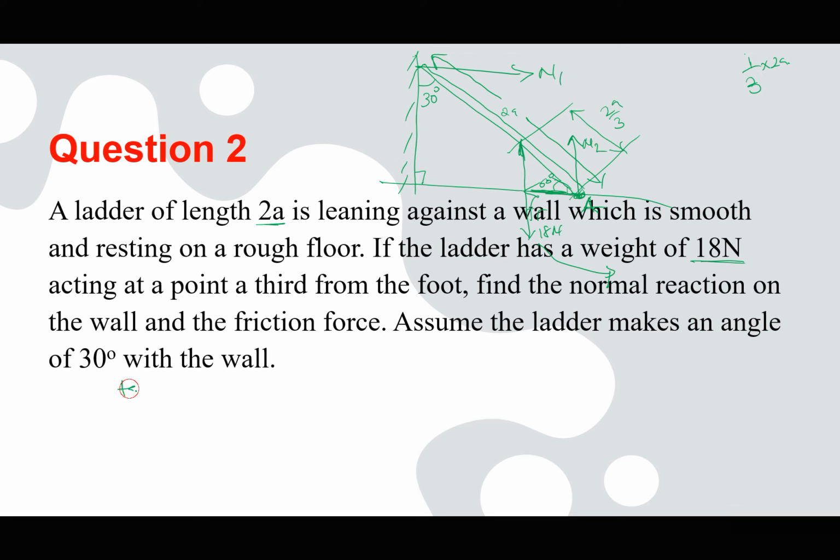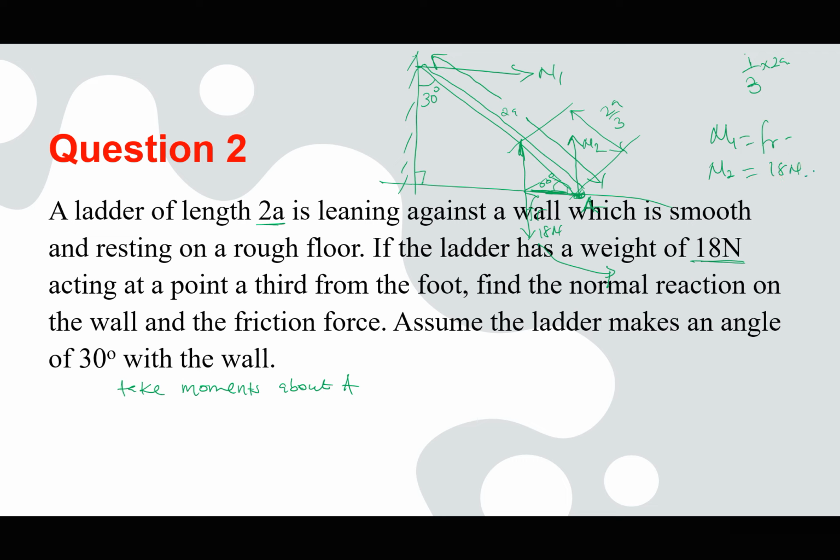If I take moments about A, N1 has no moment, N2 has no moment, and the friction force has no moment. So I can find N1. But remember, N1 is going to be equal to the frictional force, and N2 is equal to the weight.